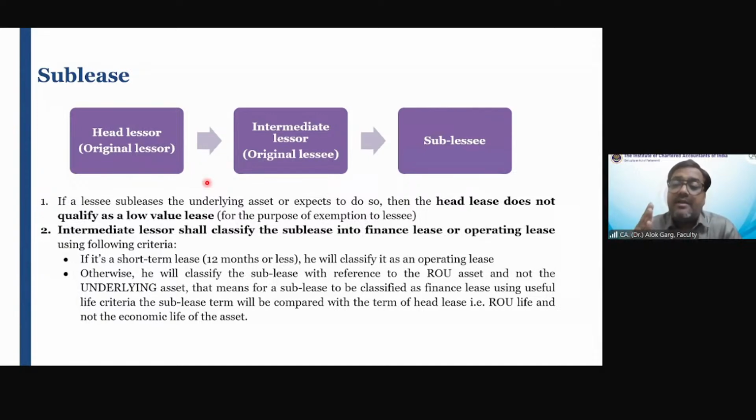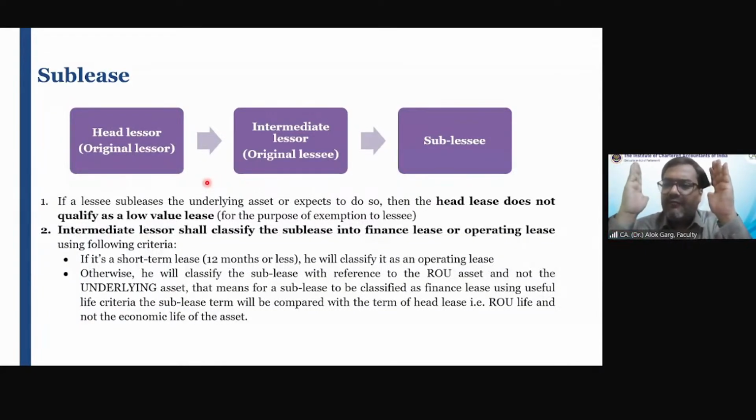But the moment Niranjan subleases this car to Vinay, what is the status of Niranjan now in the sublease contract? Intermediate lessor. Niranjan becomes a lessor, but is Niranjan the original lessor? The answer is no. Niranjan becomes an intermediate lessor. Alok is the main lessor.